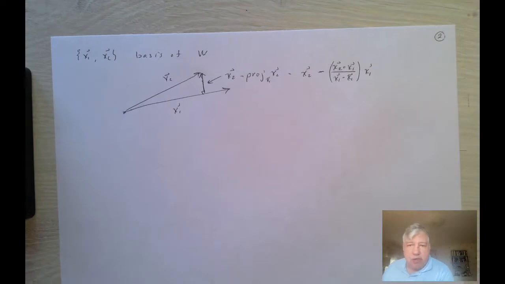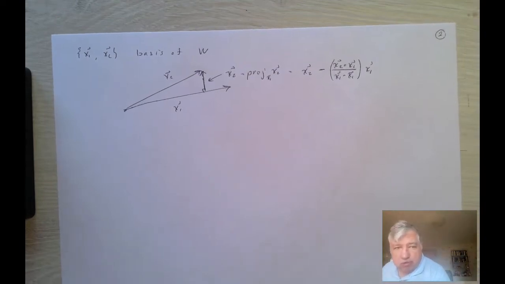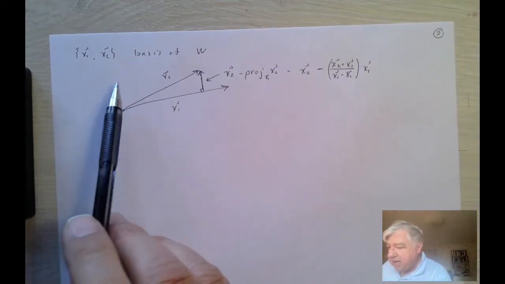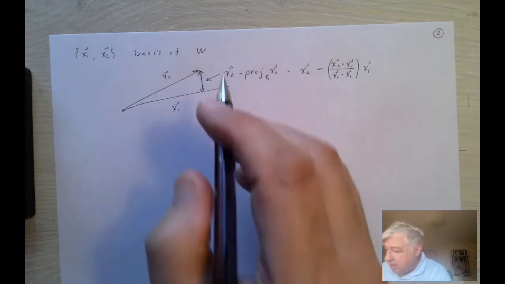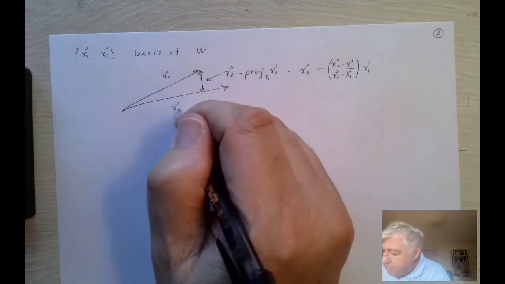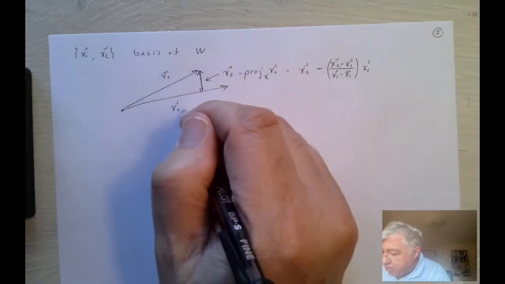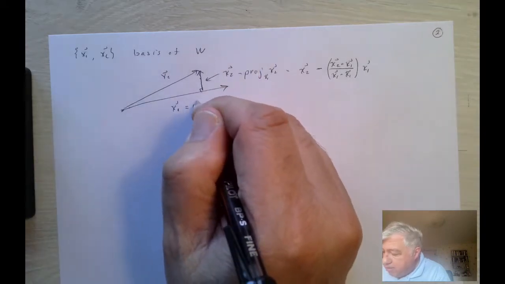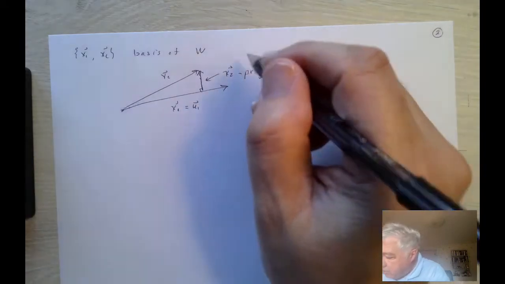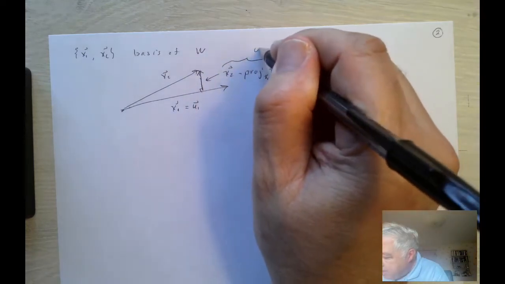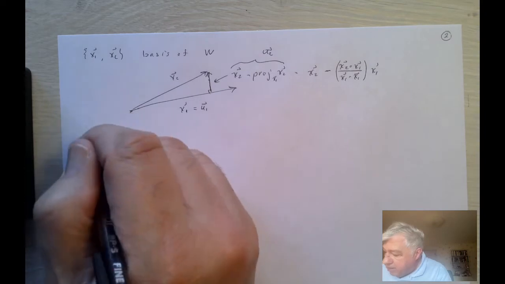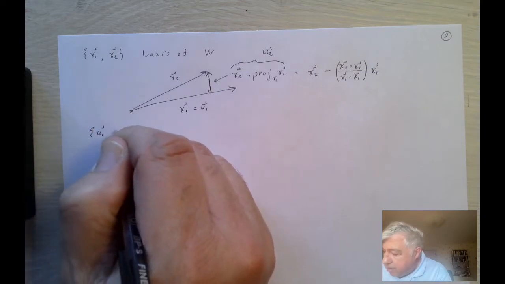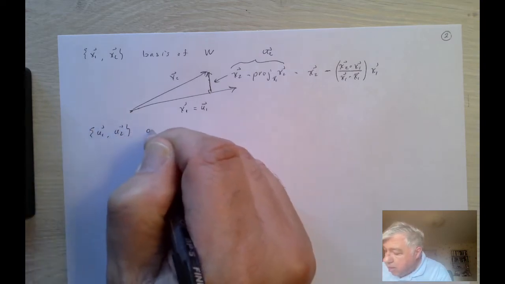Now what we're going to show is that our orthogonal basis is going to be x1 and this vector. We're going to relabel this: we're going to let u1 just be x1, and we're going to let this vector be u2. All right. And then we can clearly see that u1 and u2 are orthogonal.